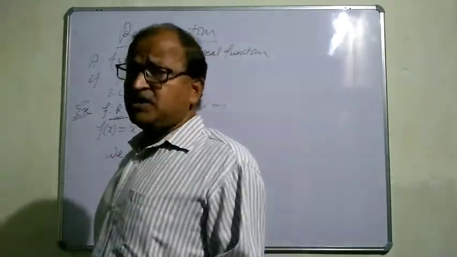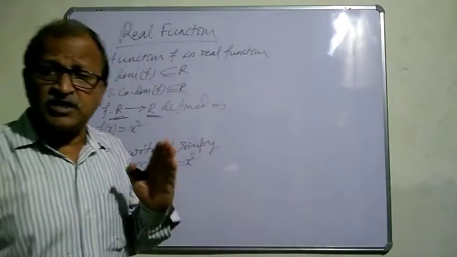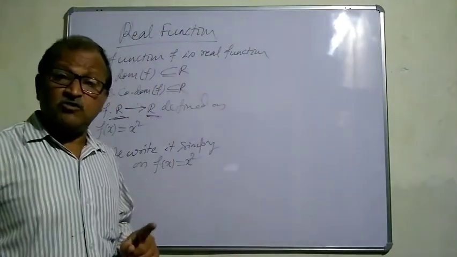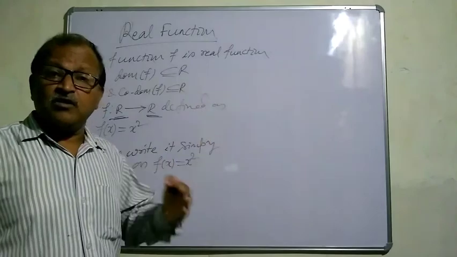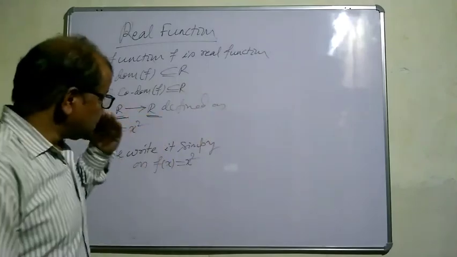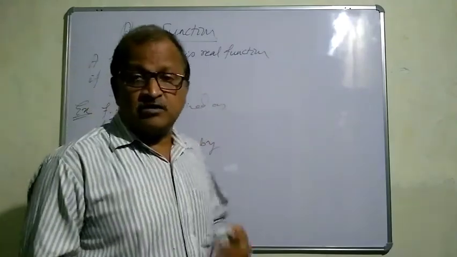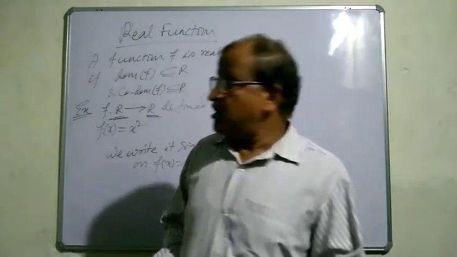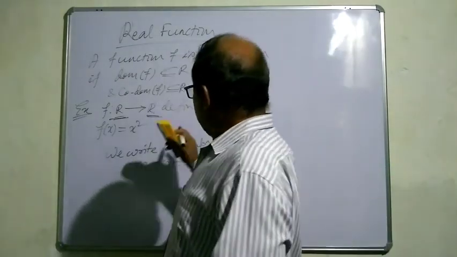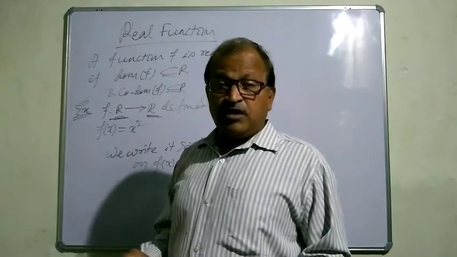The very important thing is to find out the domain, or the natural domain. What is the natural domain? The maximal domain. What is the maximal domain? The maximal subset of R in which f(x) has a real value.